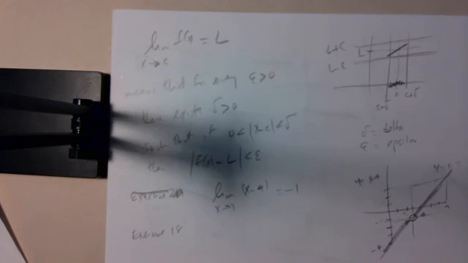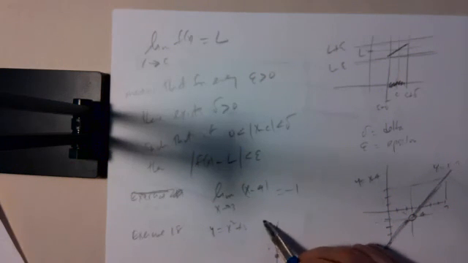Here we have a parabola, y equals x squared plus 3. When x is 0, y is 3. When x is plus or minus 1, y is 4. When x is plus or minus 2, y is 7.